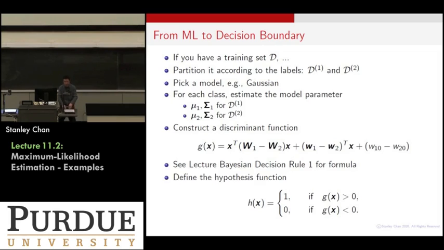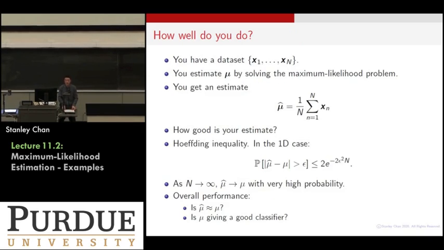You plug all these numbers in, and you get a discriminant function. Once you have a new testing data point, you check whether it is on the positive side or the negative side, and then you make a decision. This is the routine for doing the classification.